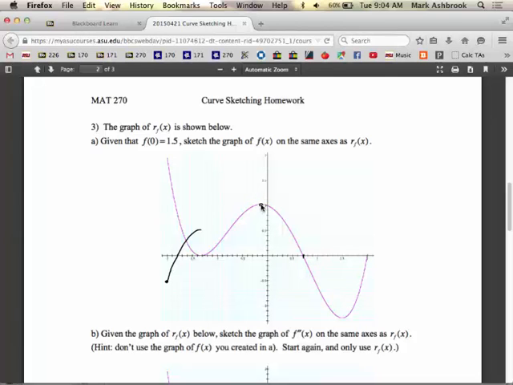And what about here? It's going to be increasing at the highest rate here. So my slope is going to be the steepest when I get to this value right here. So something like this. And then it's going to pause where the rate is 0. Okay, and then what's going to happen through here?